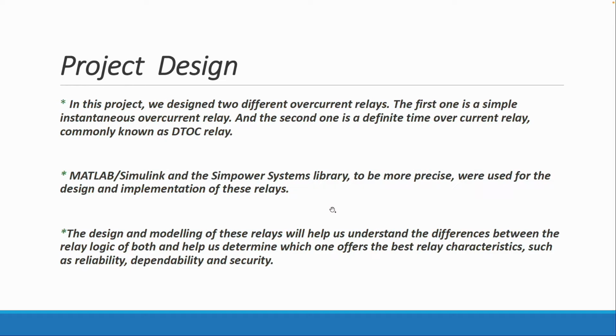Now moving on to the project design. In this project, we created two distinct overcurrent relays. One of them is a simple instantaneous overcurrent relay, and the second one is the definite time overcurrent relay, which is also referred to as DTOC.